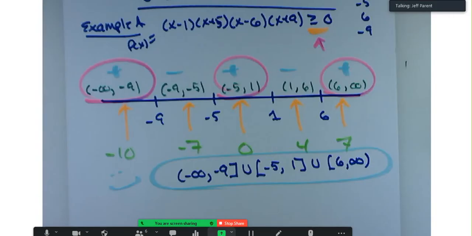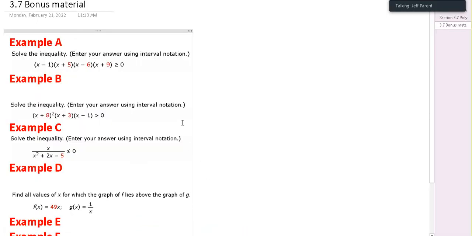So let's keep going with example B. For example B, we've got x plus 8 squared times x plus 3 times x minus 1, and we want that to be greater than 0. So this is example B, and I want to know where that's greater than 0.